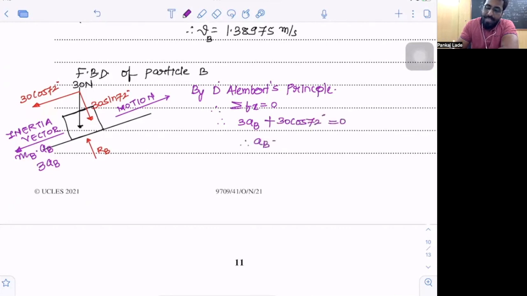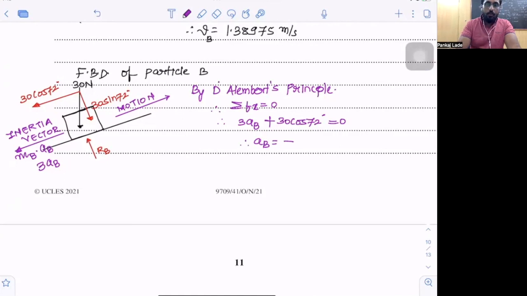So from here, the acceleration of B is negative. Did you see acceleration of B is negative? It means the velocity is definitely going to decrease. So acceleration of B is going to be 30 cos of 72 divided by 3, so it's 3.09. Acceleration of B has come minus 3.09.